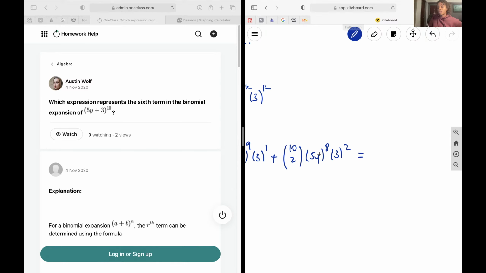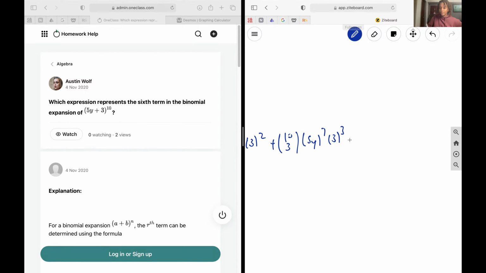And so you're going to want to go until the power of 5y is 0 and the power of 3 is 10. Plus 10 choose 3, 5y to the power of 7, 3 to the power of 3. Plus 10 choose 4, 5y to the power of 6, 3 to the power of 4, decreasing by 1.